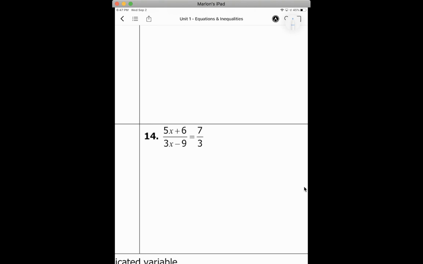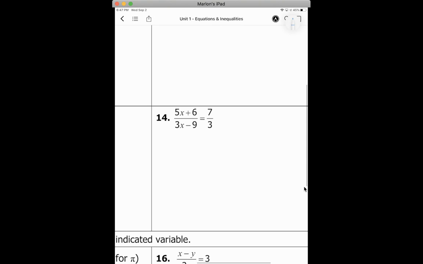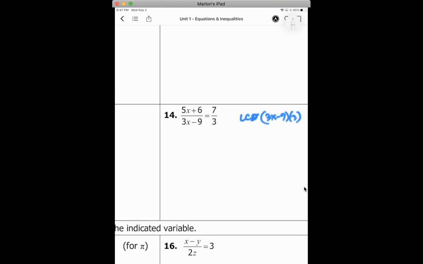So how do you solve this? You find the least common denominator, LCD. Of course, your LCD would be 3x minus 9 times 3, right? So let's do that. Let's multiply both sides by the LCD.